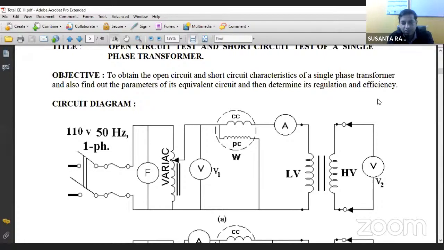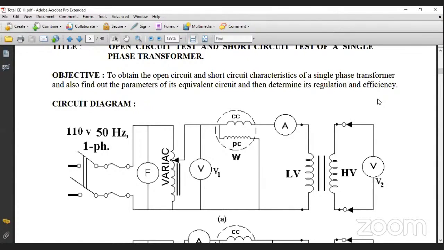Ideally there should not be any current in the open circuit, but practically you have to magnetize the core. Otherwise, how will it act as a transformer? So it needs some magnetizing current, and in the process of magnetization, there are a few losses in the magnetic core itself.